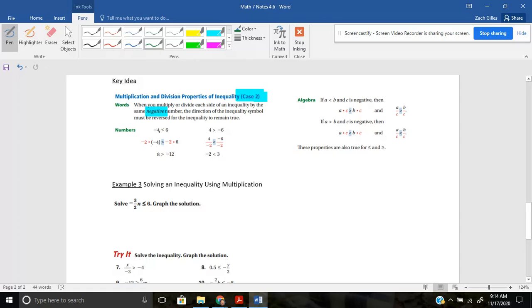Notice how in the beginning, my inequality was less than, and in the end, it changes to greater than. Whenever you multiply or divide by a negative number, the direction of the inequality must be reversed. So if it was less than, you need to make it greater than.